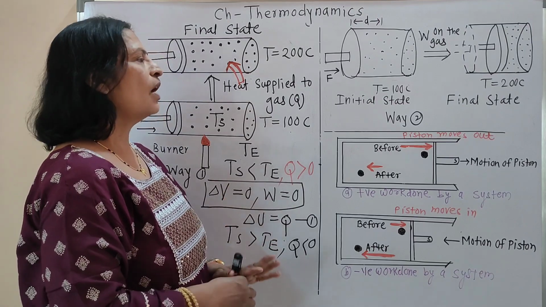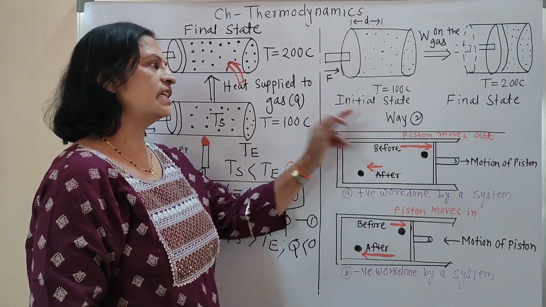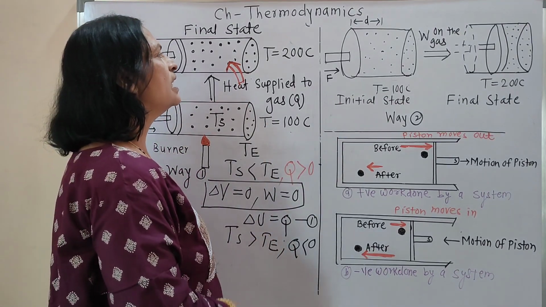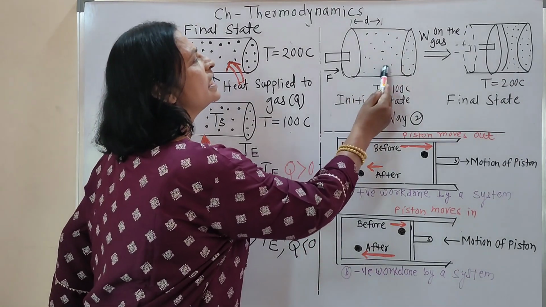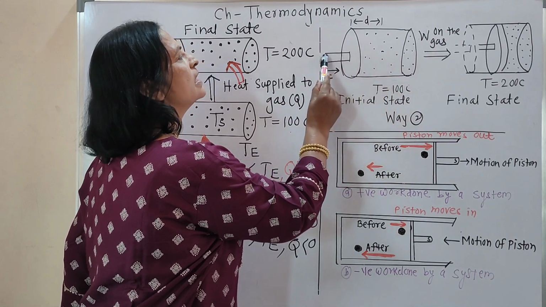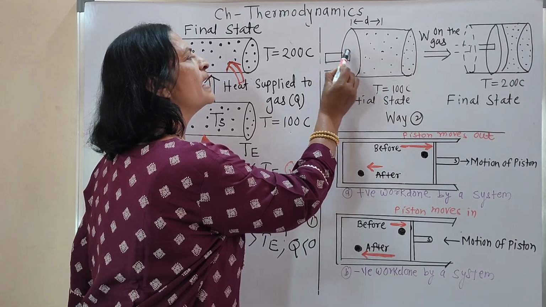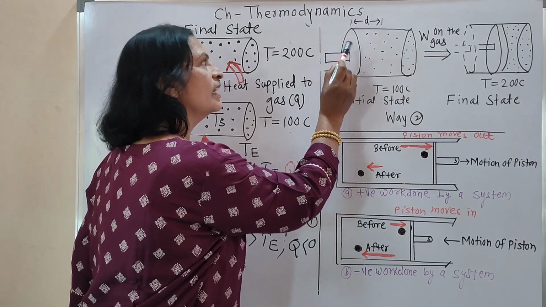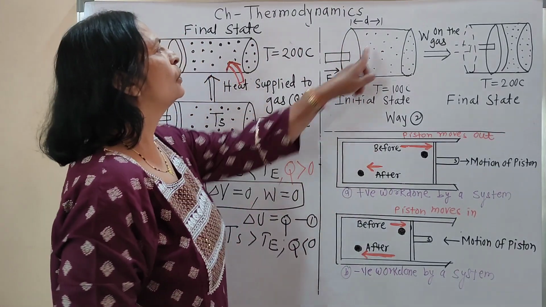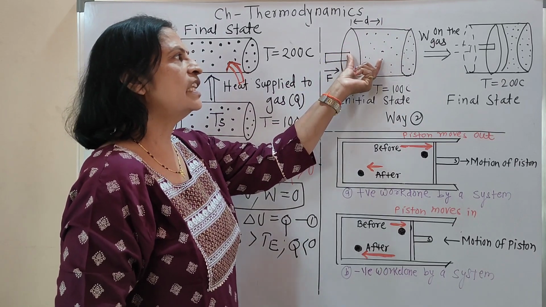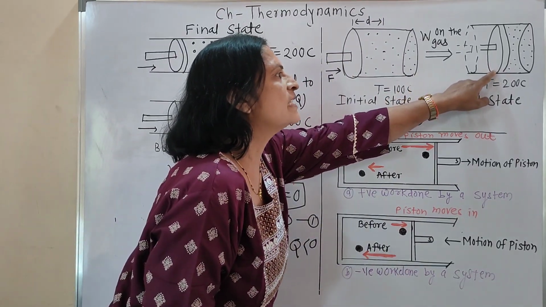Then the second way: how to increase the internal energy? Again, this is the system with ideal gas, fitted with a movable, massless, frictionless piston, and this piston moves inside through distance d. This is the initial state and this is the final state.